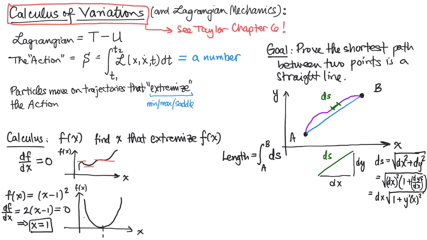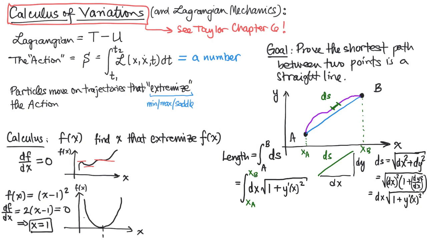So we could rewrite this integral over length as an integral over x, and the quantity we're integrating is 1 plus the derivative of y with respect to x, which we'll call y prime squared. Add that to 1 and square root it. And this integral goes from the x-coordinate of point A to the x-coordinate of point B. Remember, it's an integral over the x-coordinate, and it's a definite integral.